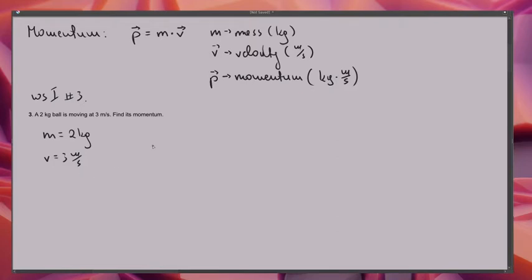So p equals m times v, and really it's a vector thing, but then I can just write the magnitude of p as mass times the velocity, and let's substitute what I have. So then momentum, its magnitude, is going to be 2 times 3, and I end up with 6 kilograms times meters per second. So that's all there is.